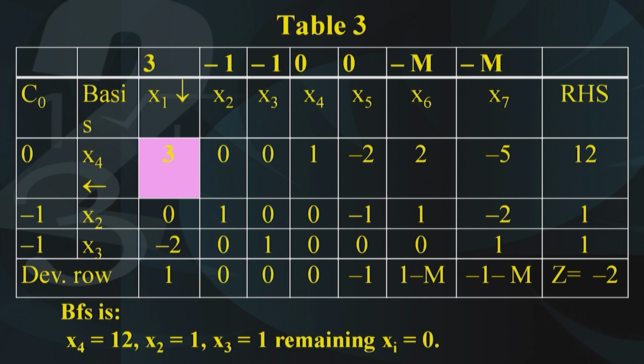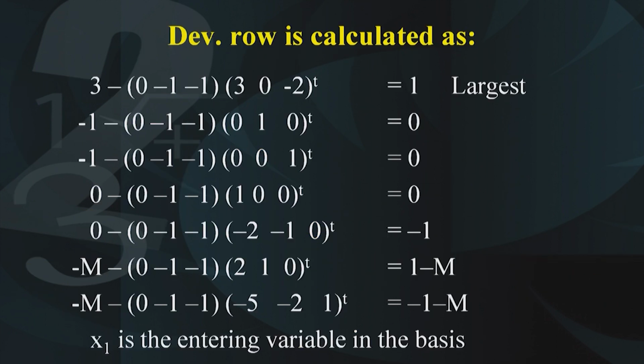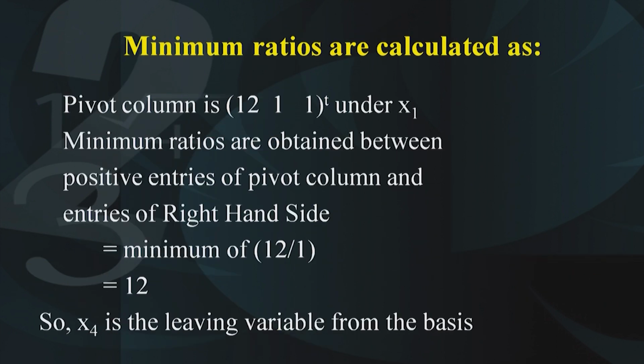And the next step is to determine which variable should leave the basis, and what do we find? We need to determine the minimum ratio between the right hand side and the pivot column. The pivot column is 3 0 minus 2, the right hand side is 12 1 1, and the minimum ratios are obtained between the positive entries of the pivot column and the entries of the right hand side.